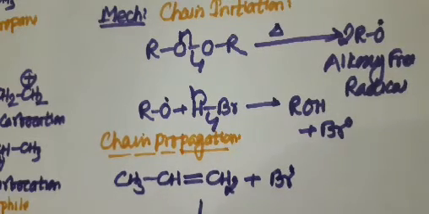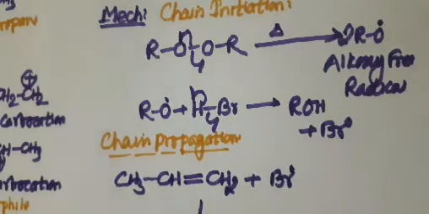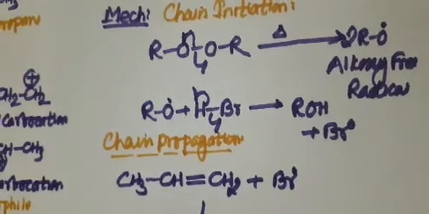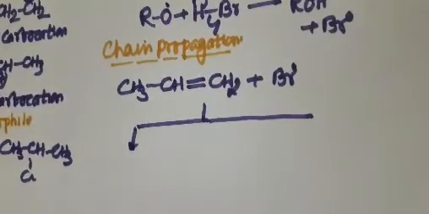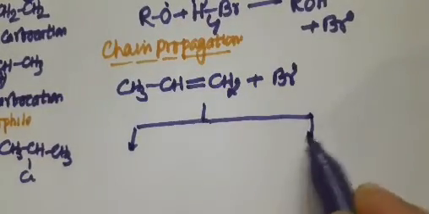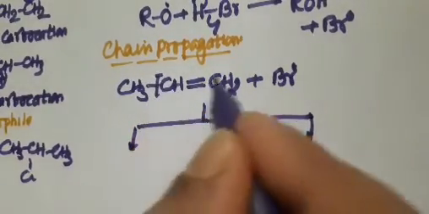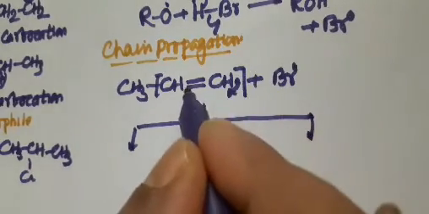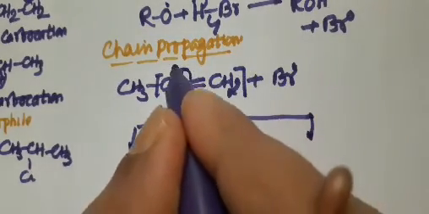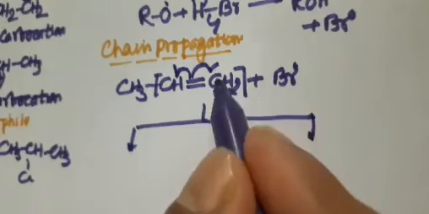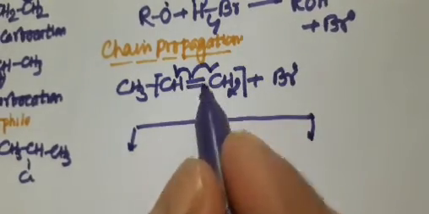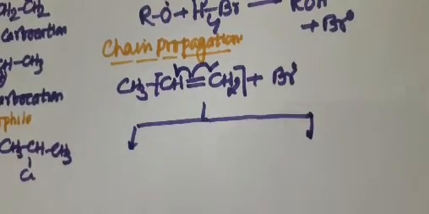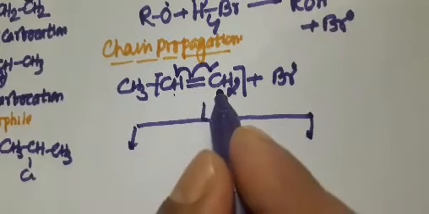There are two possibilities. Br can attach to both double bonded carbon atoms since its pi electrons shift to individual atoms. So Br can be attached here or here.